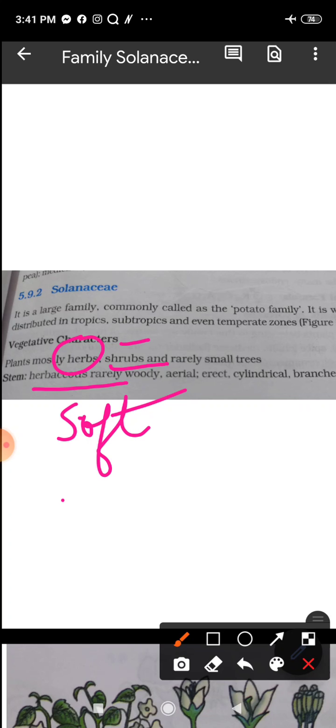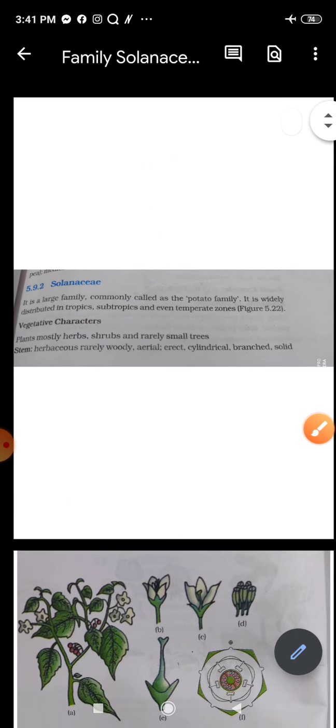Right? Then we see the next characteristic is that they are aerial. Aerial means the stem is above the soil. The stem is erect. The stem is cylindrical like this, right? And it is branched, right? The stem is solid, right? So the stem is solid.